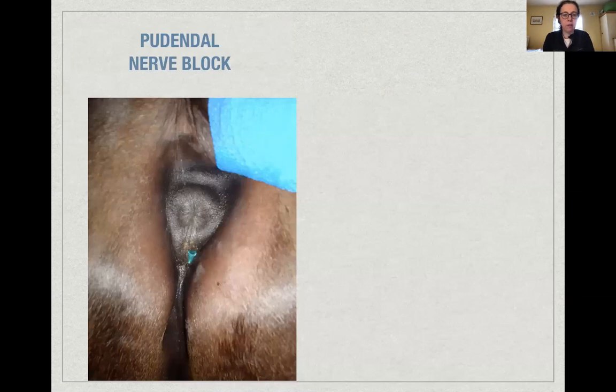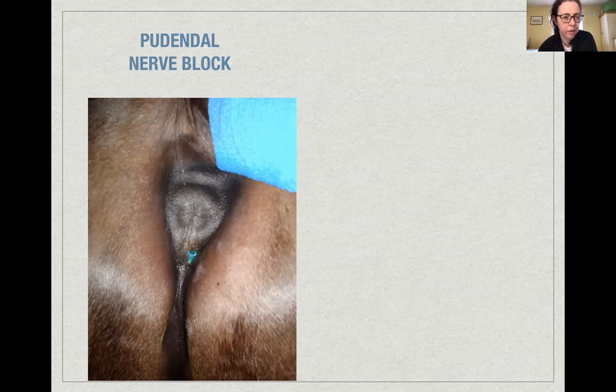And we mentioned as well in relation to bladder disease, the fact that we can use a pudendal nerve block to allow the animal to extrude the penis if it's a male, and to facilitate lavage of the bladder and catheterization of the urethra. So again, if you remember back to that lecture, we talked about using a 1.5-inch 21 gauge needle. You insert it onto the clean skin underneath the anus.